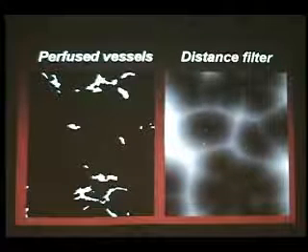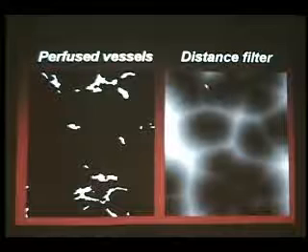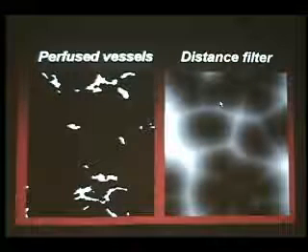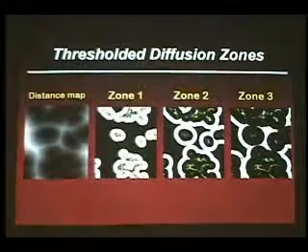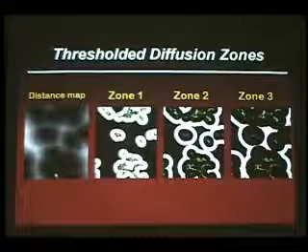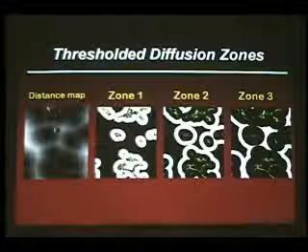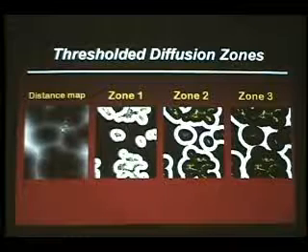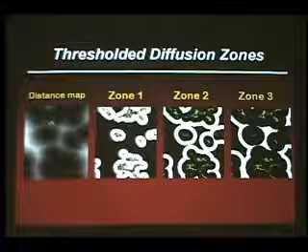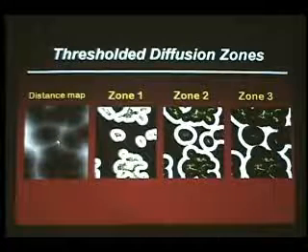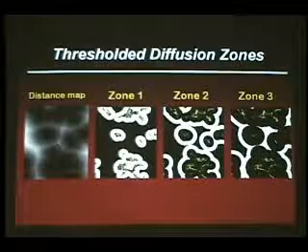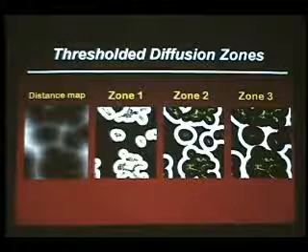This gives us a mask of intensities proportional to the distance from the blood vessel. We can actually threshold it, so it lets us selectively define specific regions in the image as a function of how far from the blood vessel they are. If I'm going too fast on any of these things, go ahead and stop me.